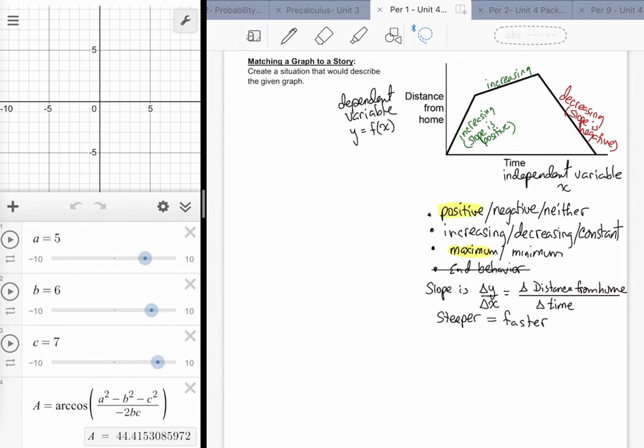All right. So in this case, let's say we're talking about a jogger. The person's jogging. They started off at home. You can give the character a name if you want, but we're going to say a person is jogging, but they're starting off at home, because their distance from home is equal to 0.